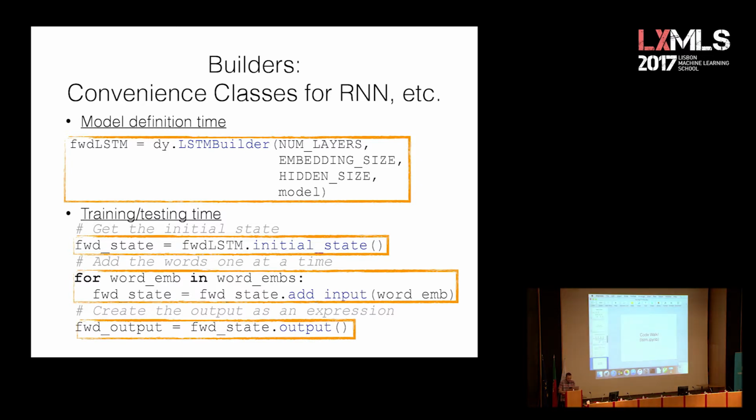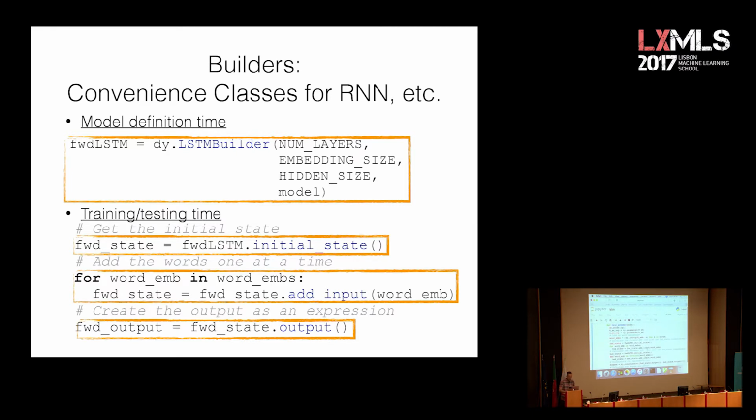So just to show it in action in the entire sentiment analysis system, we do the initialization the same. Now, instead of the multiple hidden layers we had before in our multi-layer perceptron example, we have these LSTM builders that will read things in a forward and backward way.